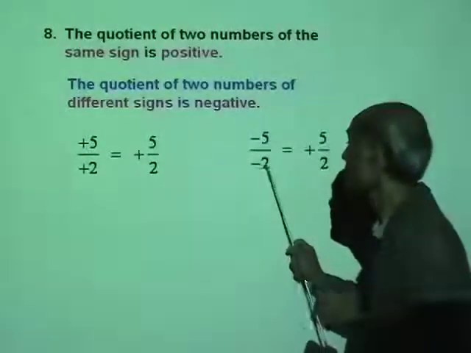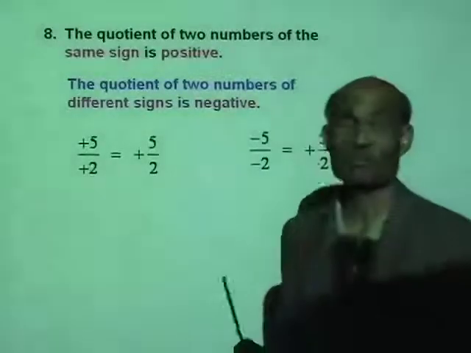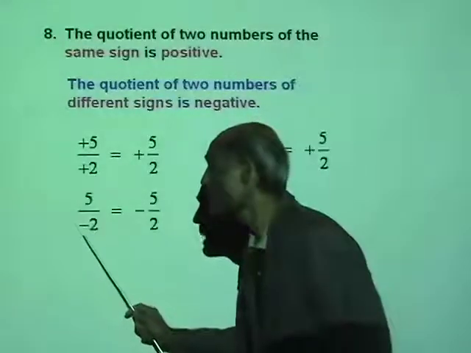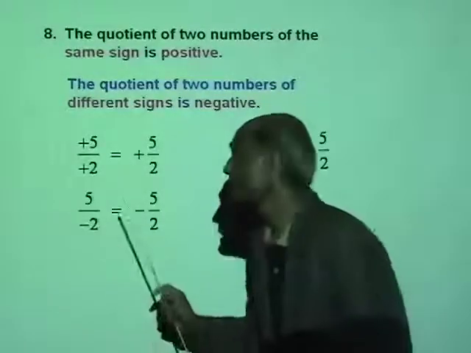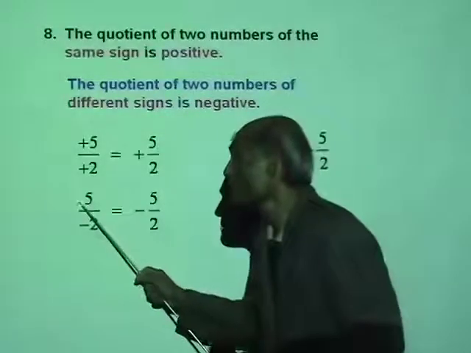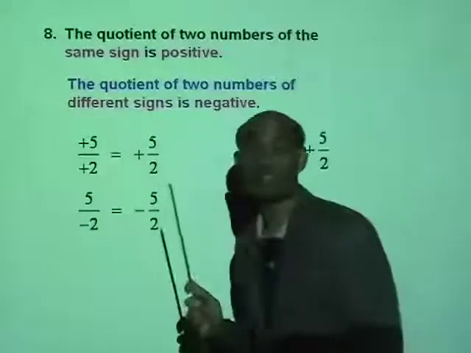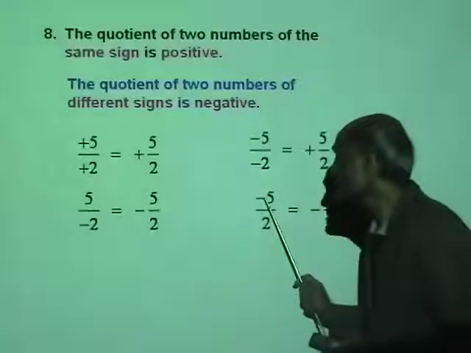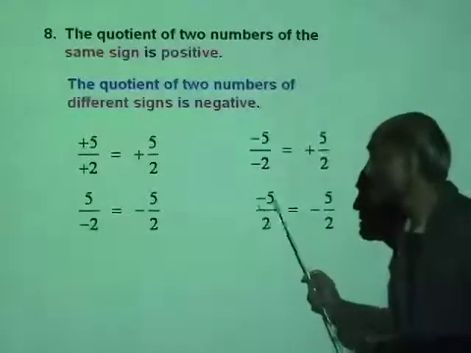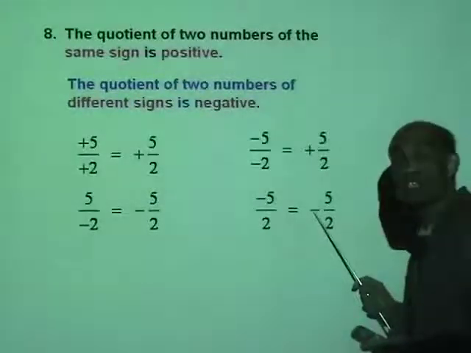Negative 5 divided by negative 2 is positive 5 over 2. On the other hand, 5 divided by negative 2 is negative 5 over 2. A positive number divided by a negative number is negative. Now, how about negative 5 divided by positive 2? A negative number divided by a positive number is negative.